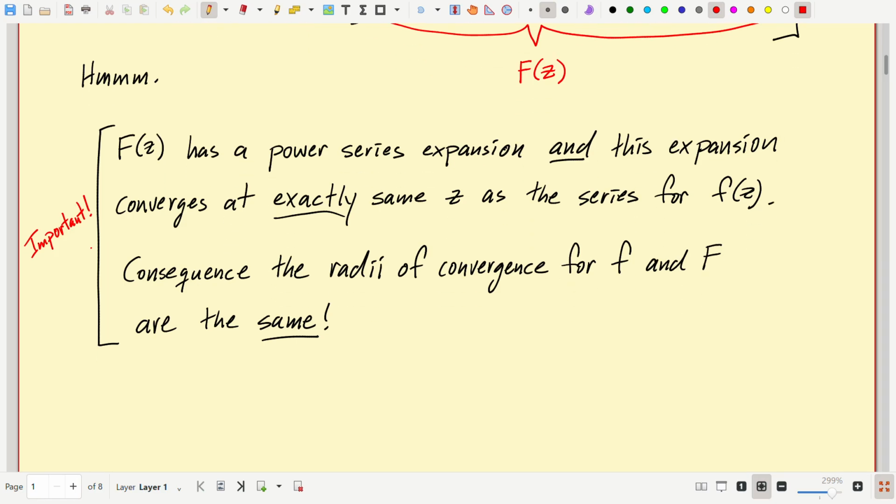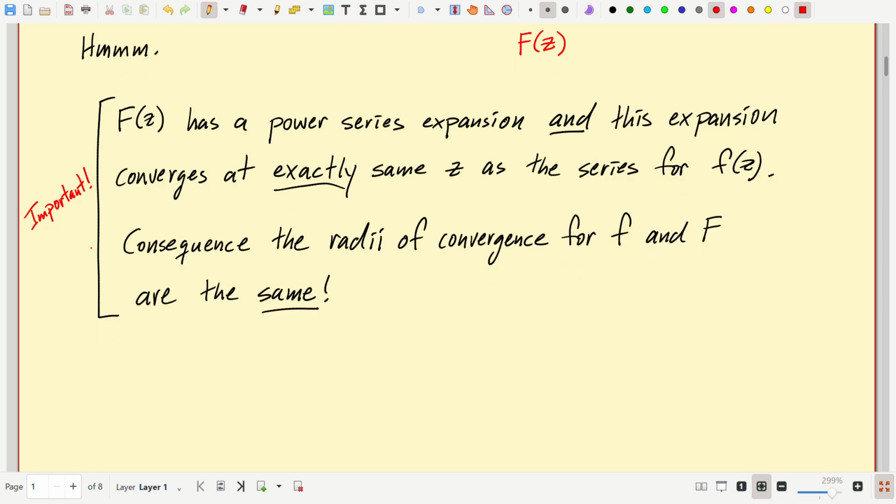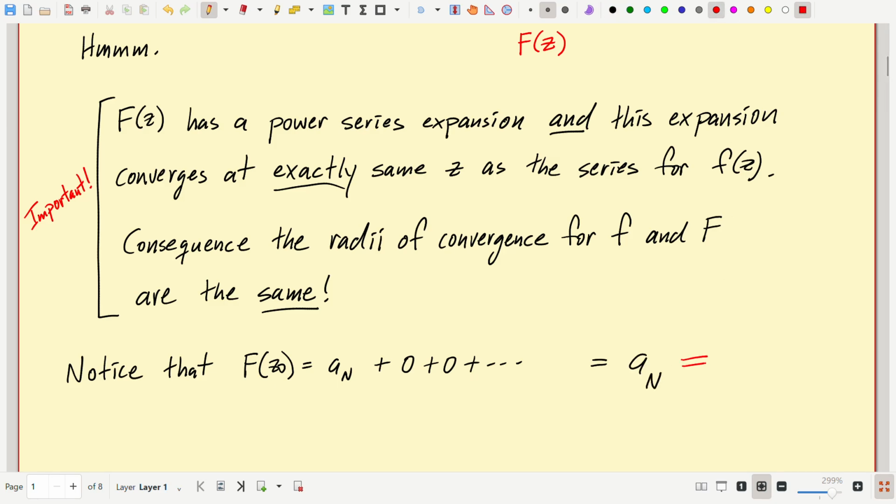Okay, and notice that F at z naught is just an plus 0 plus 0 plus 0. And that's not equal to 0.